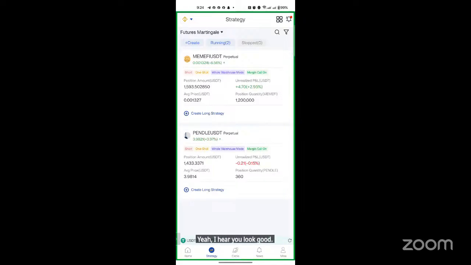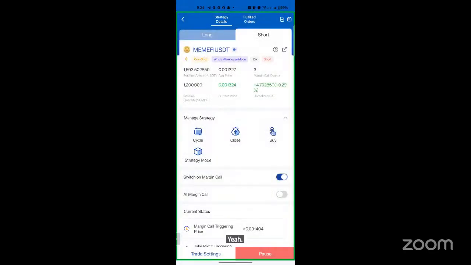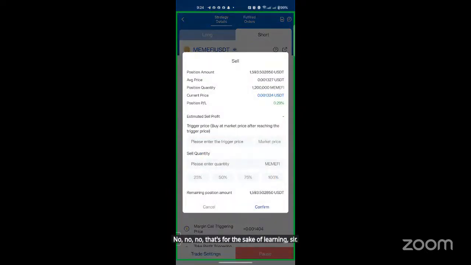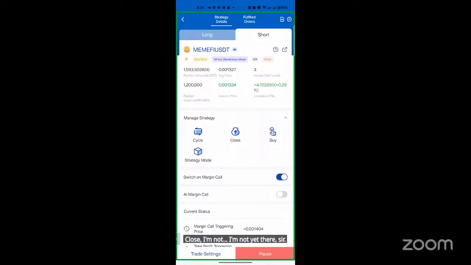So if I want to sell this coin, but I'm closing this on your behalf, just for the sake of learning, sir. So I tap on close. When you open the trade, I tap on close.